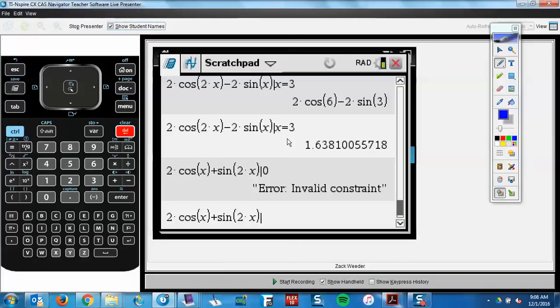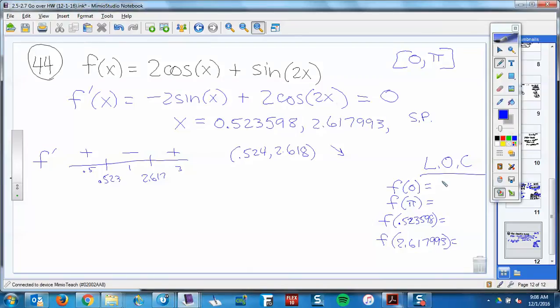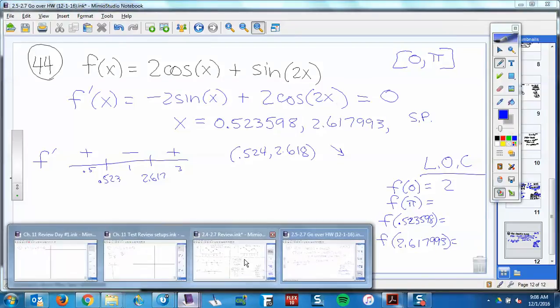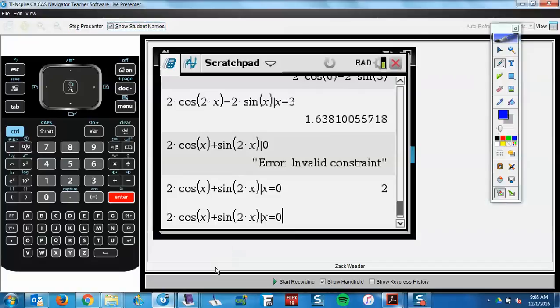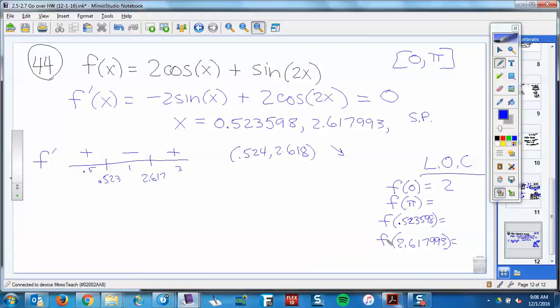Look at the one you just did up here. There you go. Okay, so that's a 2. So we put that in there. And then we want to plug in a pi. Okay, and that was -2.